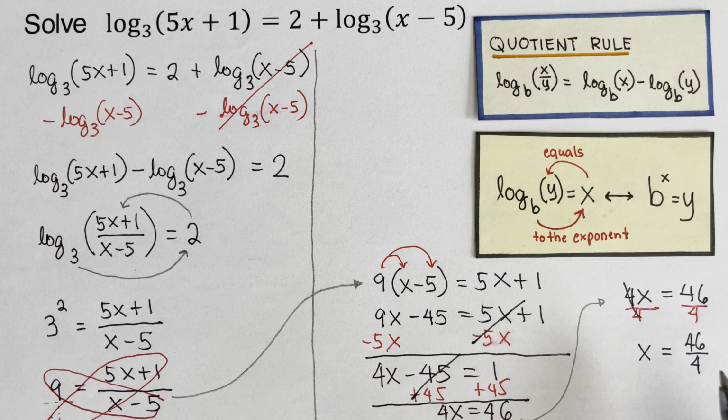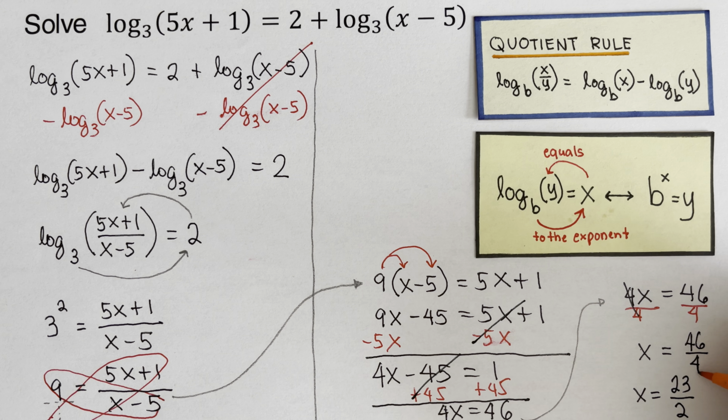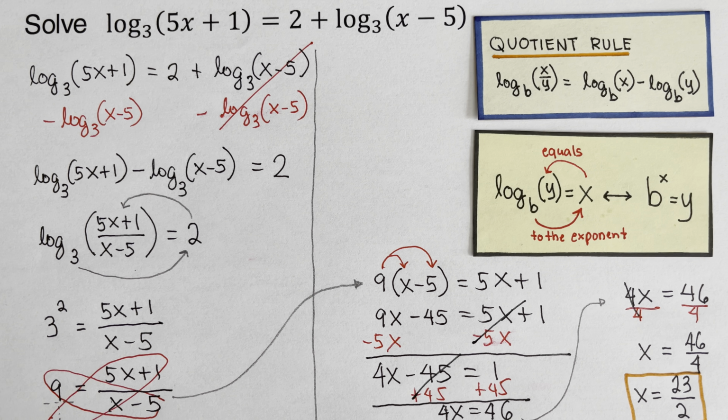So the x value that we have here is 46 over 4, and we can actually reduce this to 23 over 2. So this is the value of x that will make this equation that we have here correct.